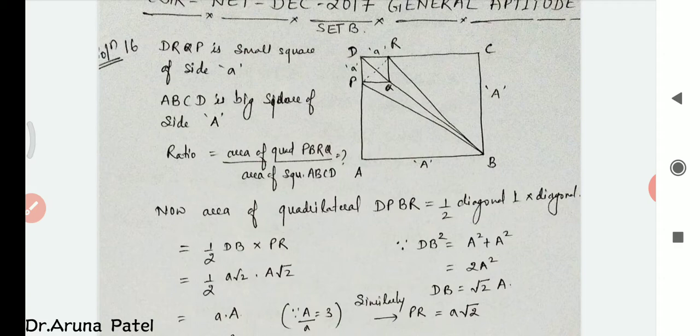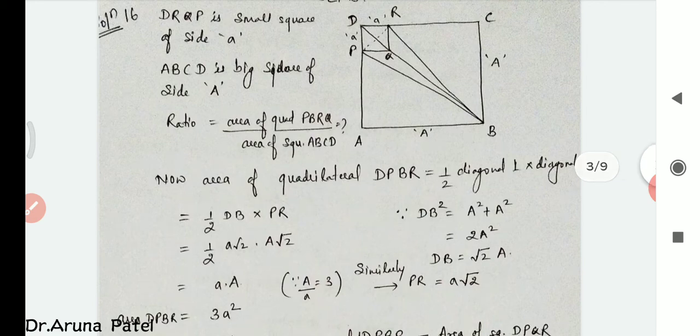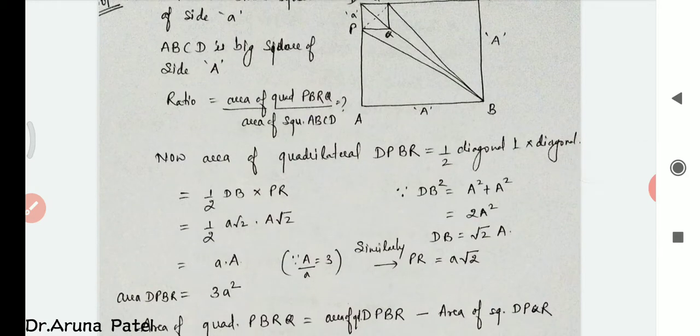We find it by the same process: small a square plus a square equals 2a square. On simplification PR equals a root 2. So putting the values of DB and PR, it equals half into A root 2 into a root 2. On simplification root 2 into root 2 becomes 2 and the 2 cancels out. So we get small a and capital A in the solution for the area of the quadrilateral DPBR.